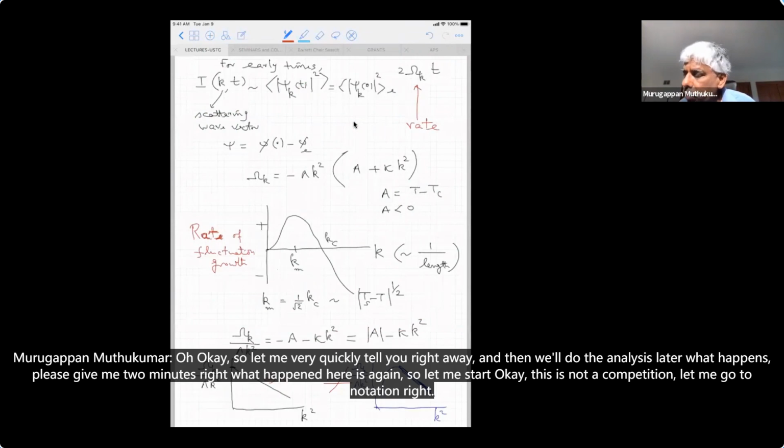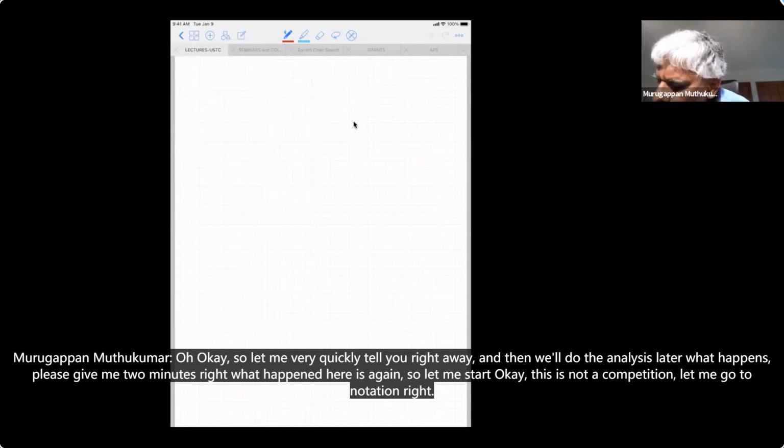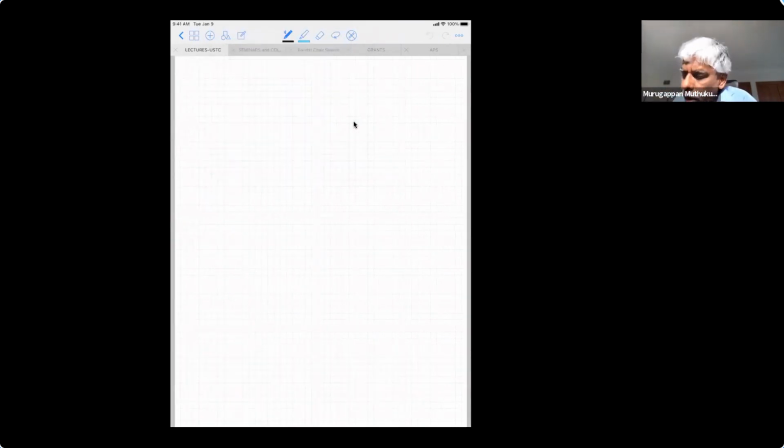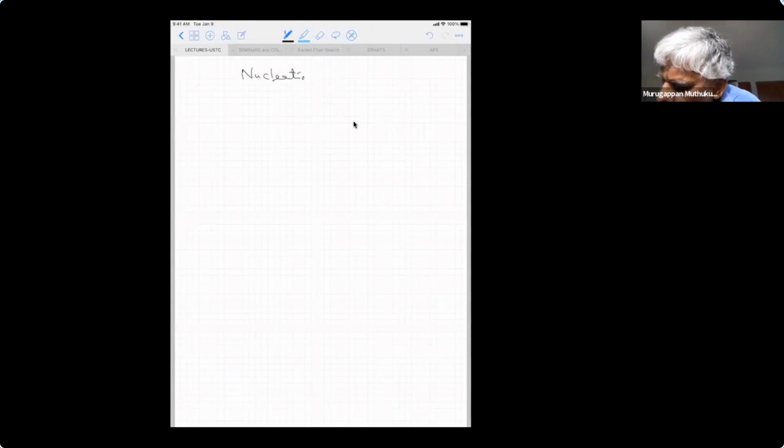Let me tell you very quickly right away, and then we'll do the analysis later. Please give me 2 minutes. This was spinodal decomposition. Let me go to nucleation and growth. In the metastable region, we have nucleation and growth. That's the mechanism.